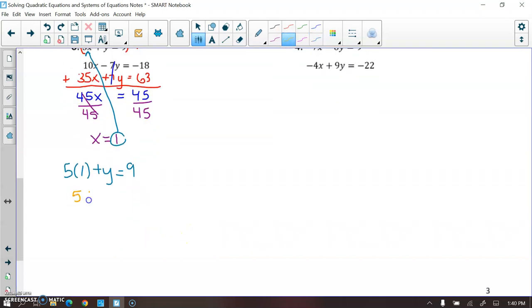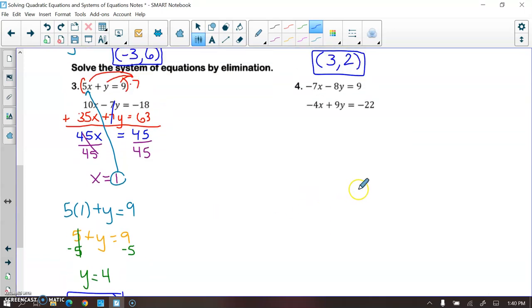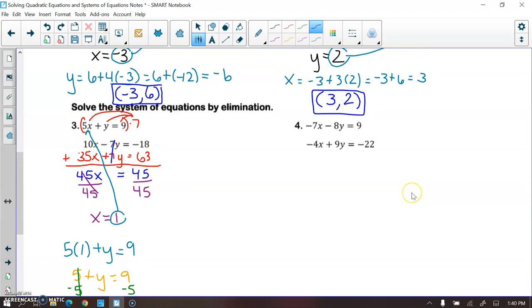So I have 5 plus y is equal to 9, and then subtracting 5 from both sides, I wind up with y is equal to 4. Then I write my answer as an ordered pair. My x value is 1, my y value is 4. This is where the two lines would intersect on the graph.